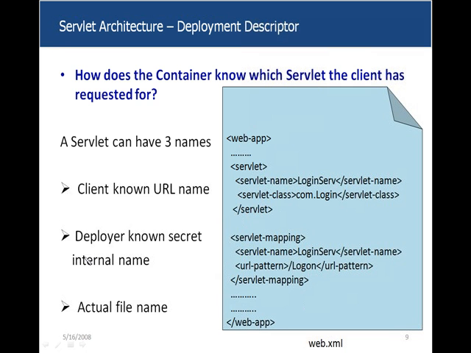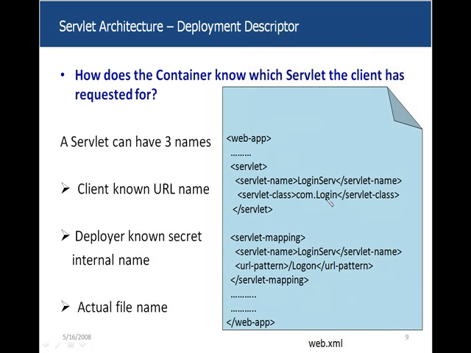So these are the three different servlet names. We have the client known URL name, that is the URL pattern. The deployer known secret internal name, that is the servlet name, and the actual file name, which is the servlet class. So why do you have these three different names? One reason would be simplicity. You don't want your client to type in the whole path to your servlet, like com.login or whatever big path you have.